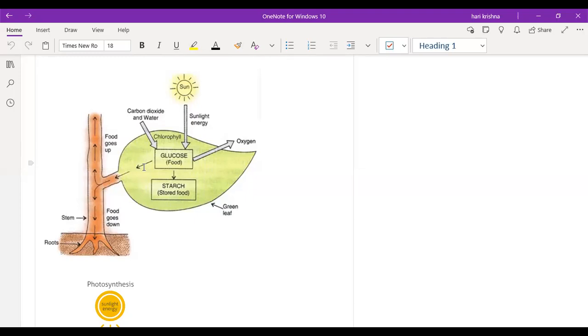Animals will store the food in the form of glycogen. Glycogen is the answer. Plants will store the food in the form of starch, but animals will store the food in the form of glycogen. Again, the glycogen will convert into glucose, and glucose again into pyruvate.